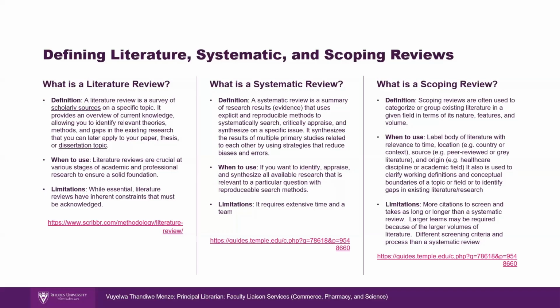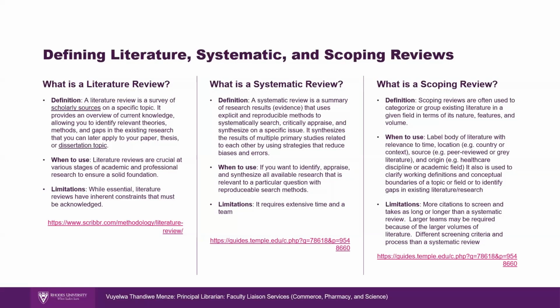When to use literature reviews. Literature reviews are crucial at various stages of academic and professional research to ensure a solid foundation. So you would use a literature review before starting new research to identify gaps in current knowledge and ensure your study hasn't got duplicates or existing work.